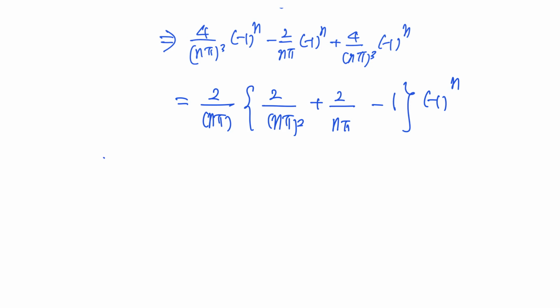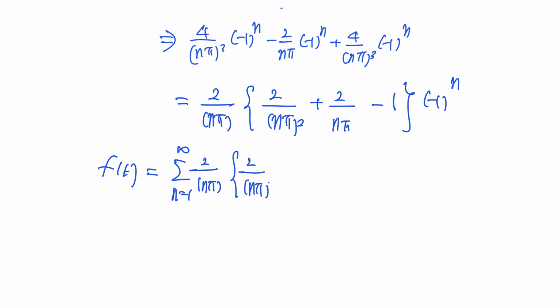So Bn must be this, so f of t must be something like this: the sum from n equal to 1 to infinity of 2 over n pi, 2 over n pi square, 2 over n pi, minus 1 to the n, sine n pi t. And actually, we have to put a minus sign again here. So minus.